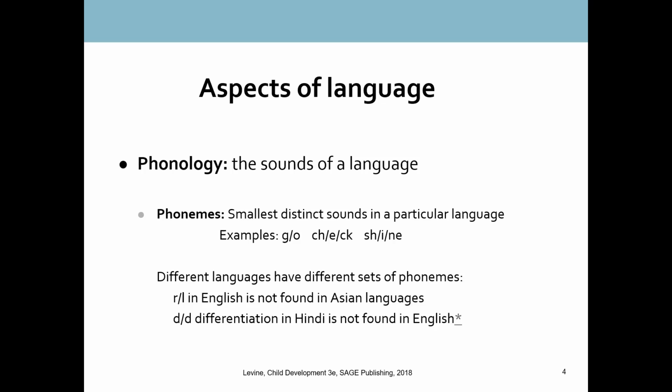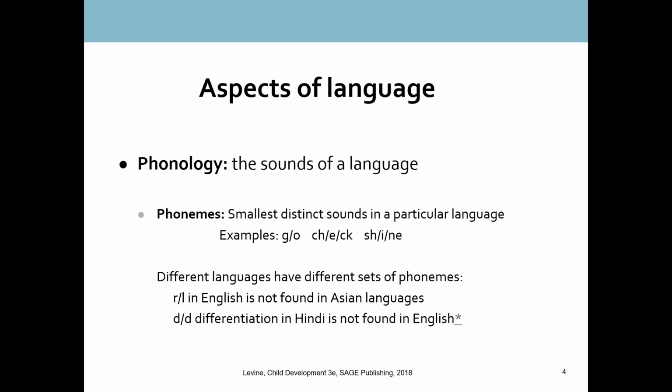So a phoneme doesn't correspond to a particular letter necessarily. In some cases it may, but we have approximately 42 phonemes in the English language, although we only have 26 letters. Because some of the vowels, as you know, have more than one sound associated with them.